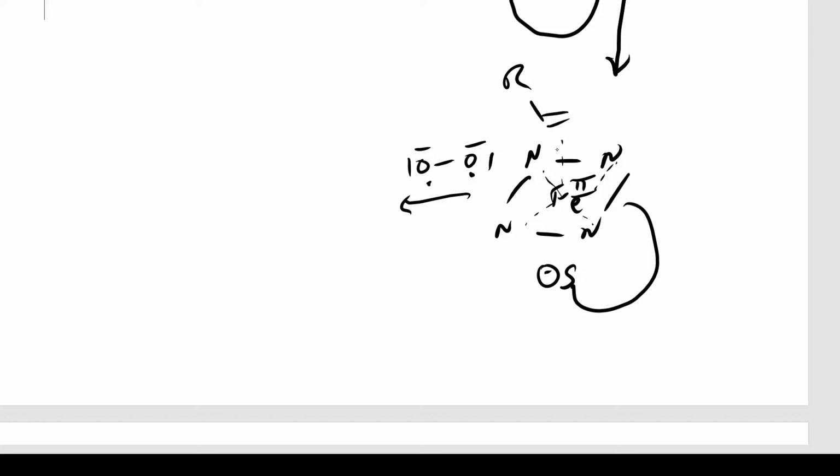Dioxygen is radicalar, interacts with iron 2 to form iron 3. Be careful, because the iron provides one electron. It's an oxidation.